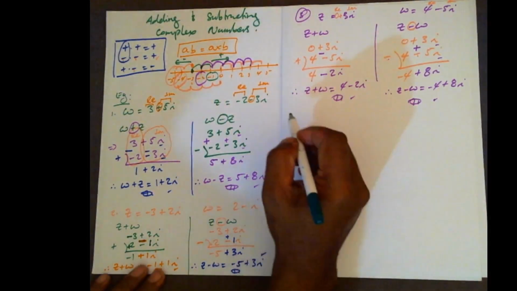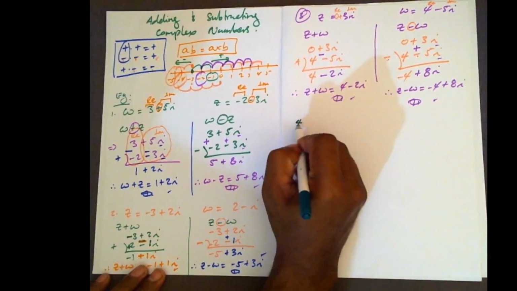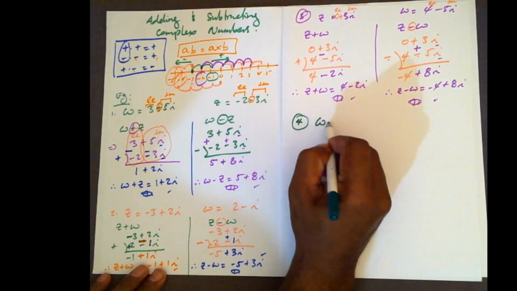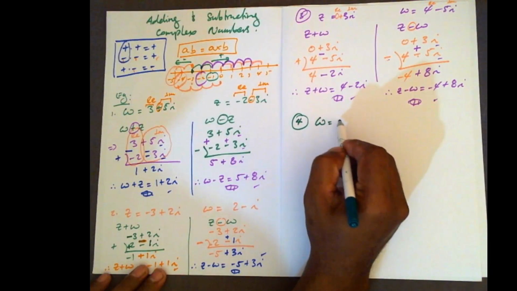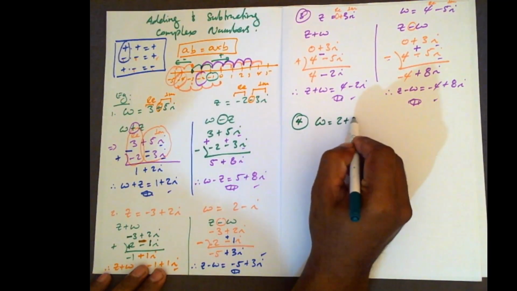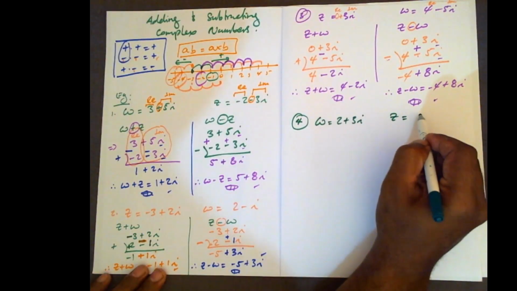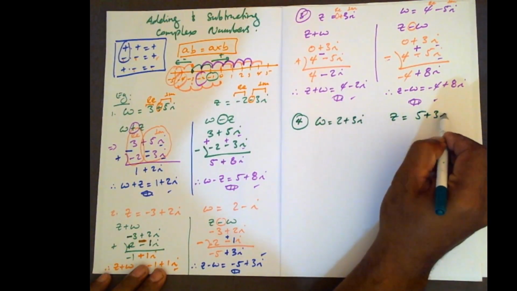Okay, let's look at our last example. Suppose we have omega is equal to 2 plus 3i and our z value is equal to 5 plus 3i.